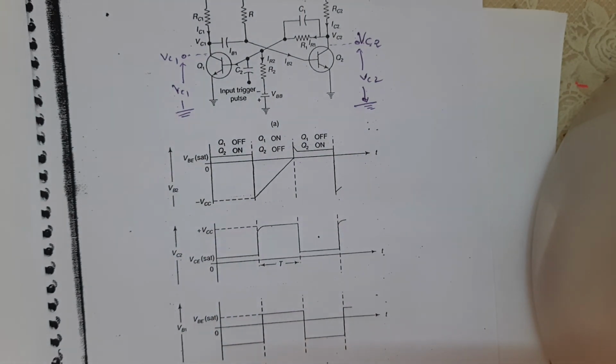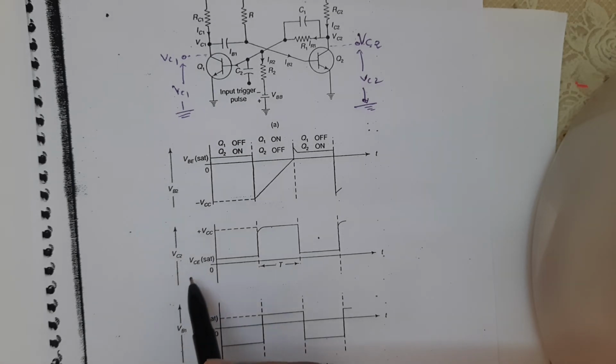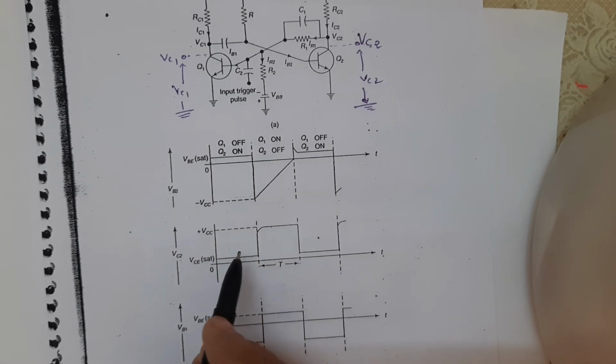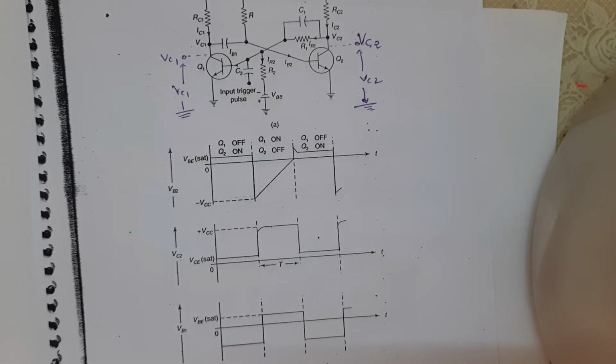Now when VB2 crosses the cut-in voltage, Q2 starts conducting and VC2 falls to VCE saturation, nearly 0, right?